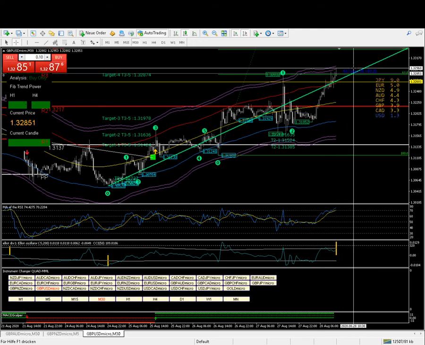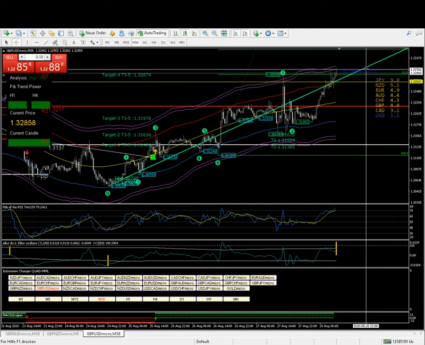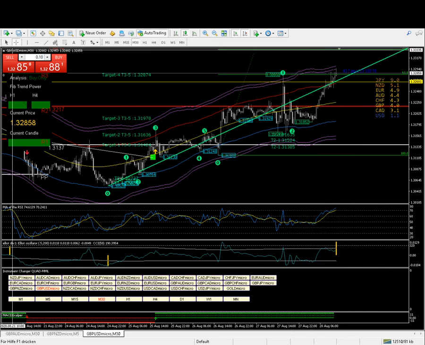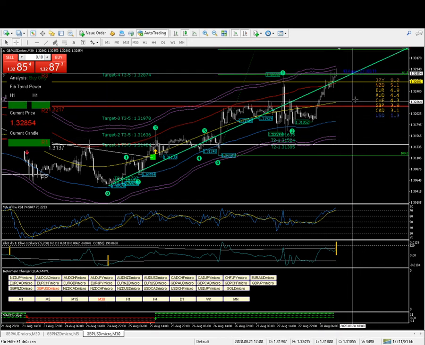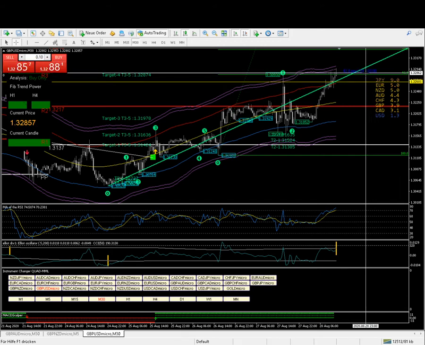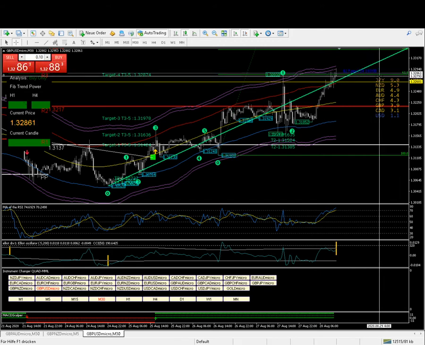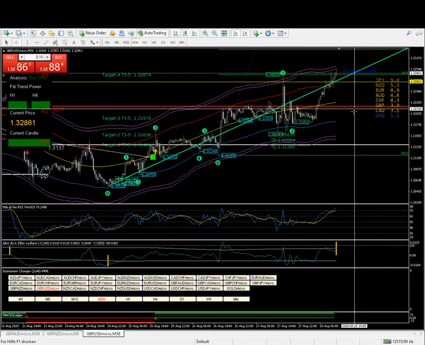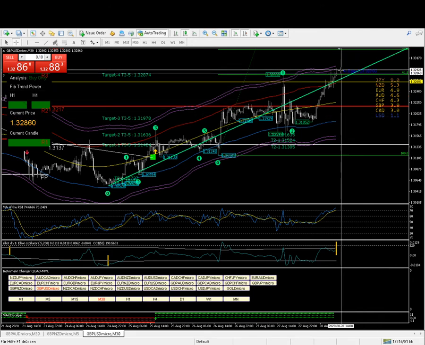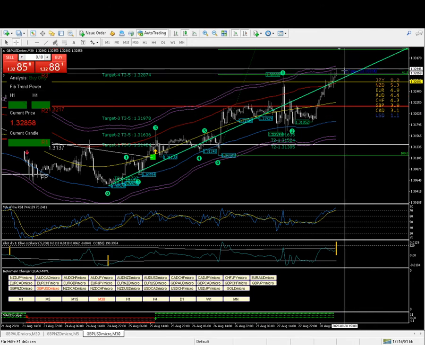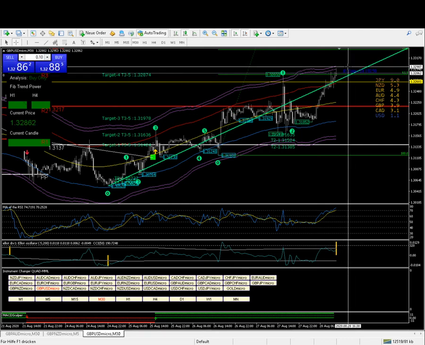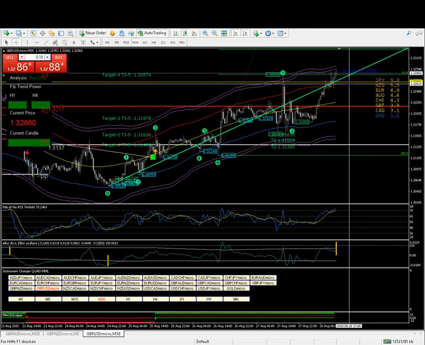I'm in win now. You see in the middle how much the spread is for this currency pair and how much time is left till the candle ends. If you make 2, 3, 4 pips, it adds all together and shows you how many pips you are in win or in loss at this moment.